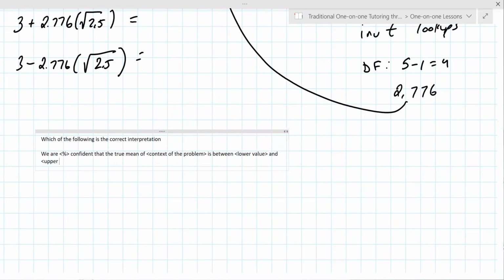So it's always in this form. It'll just be in the wrong order. It'll say, between lower value and upper value, we are 95% confident, but it's got to be exactly this language in this order when you see it.